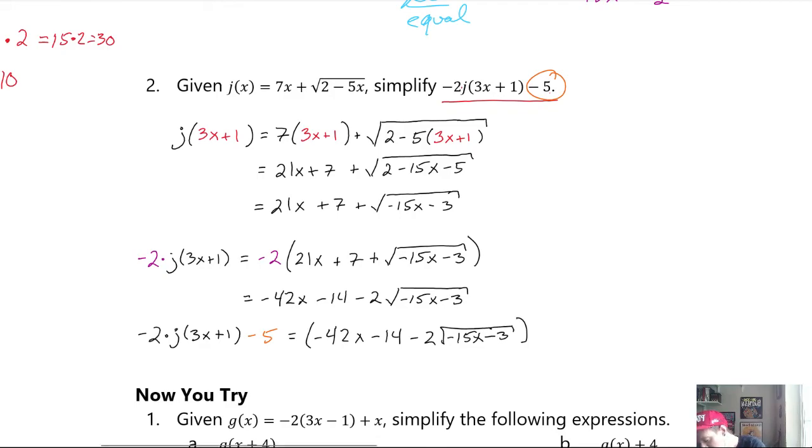Close those parentheses, and then we subtract 5 from that on the outside. And really here, those parentheses aren't doing a whole lot because we're just going to combine like terms. There's no multiplication to distribute across the parentheses. All we need to do is combine the minus 14 and the minus 5 here so that this becomes negative 42x. Negative 14 minus 5 is negative 19. And we'll bring down the minus 2 square root of negative 15x minus 3. Close our square root. That's it.